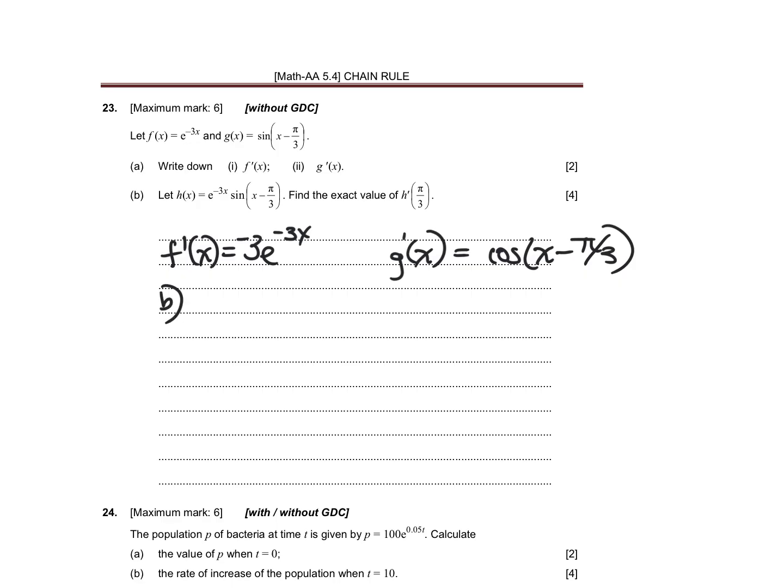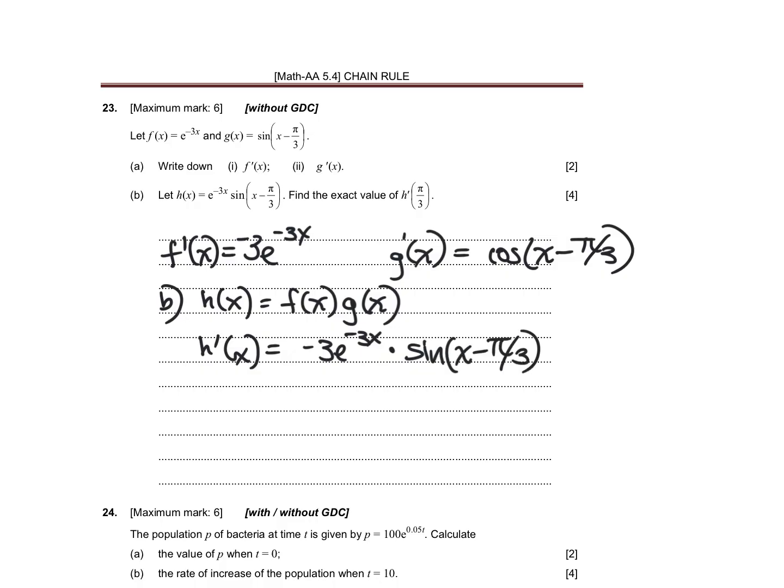Now b, we've got h is f times g. So we have to do product rule. So we're going to have the derivative of the first times the second, plus the first times the derivative of the second.